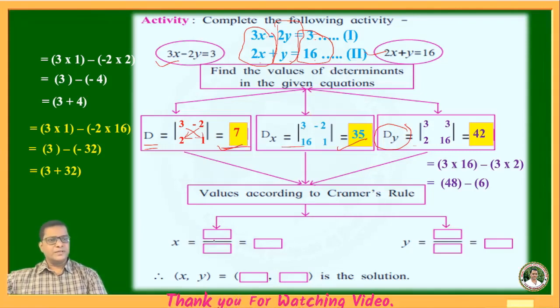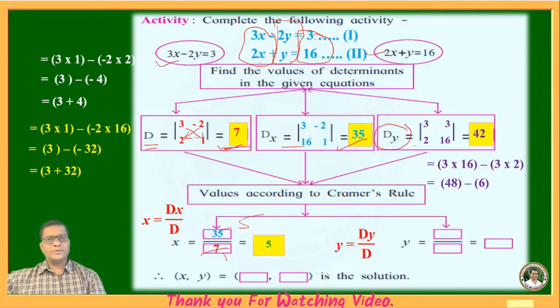Substitute here, x is nothing but dx upon d. Then the value of dx is 35 and the value of d is 7. Simplify this, 7 ones are 7, 7 fives are 35. Therefore in this box 5 will come. Similarly y is nothing but dy upon d.